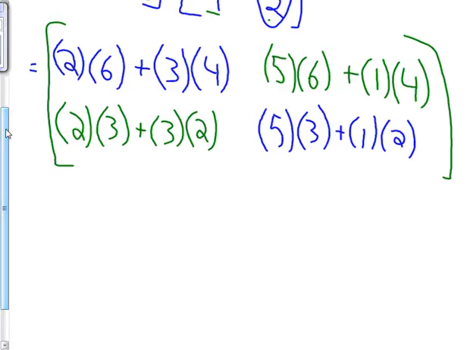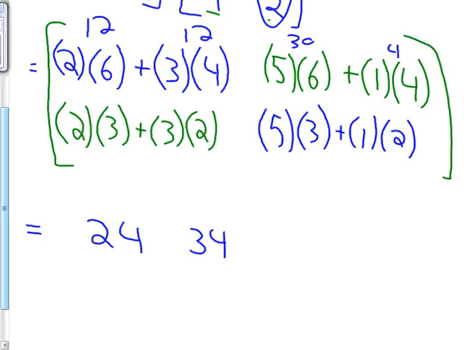So now when we figure these out, what do we get? 24, we get a 12 here, 12 here, 24. Yeah, we have a 30, a 4. Oh, 6, 12, yeah. 17.